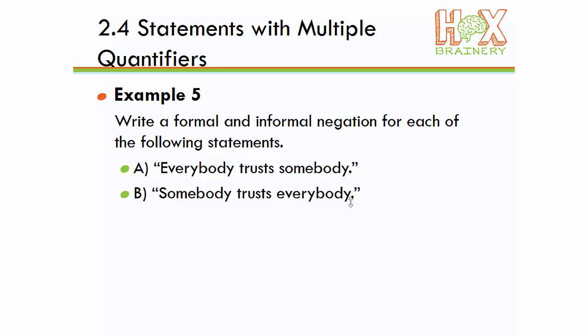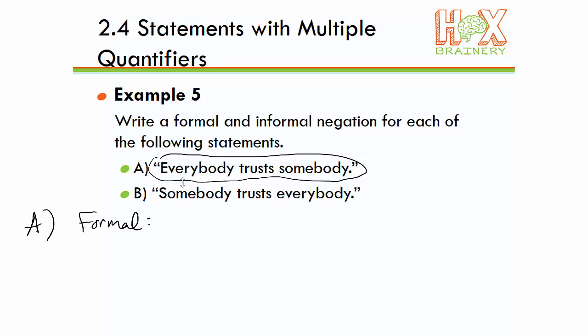So for example 5, we're going to write a formal and informal negation for each of the following statements. So for part A here, formally, this is from the previous example, so formally this looked like for all people X, so the negation is going to be there exists a person X such that, and in the formal it said there exists a person Y such that X trusts Y, so that there exists part becomes the universal.